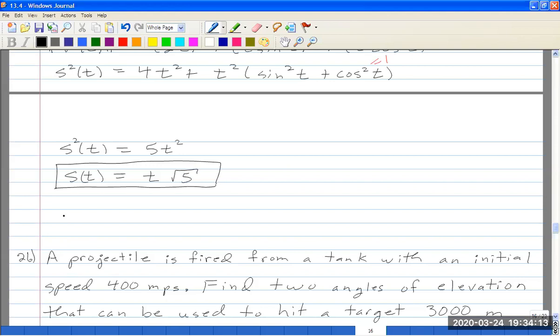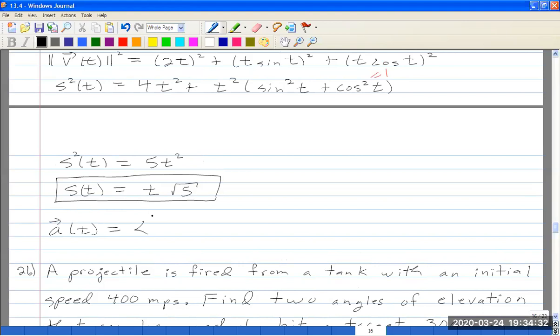Now let's do the acceleration. Let's take the derivative of the velocity. And so the derivative of 2t would be 2.